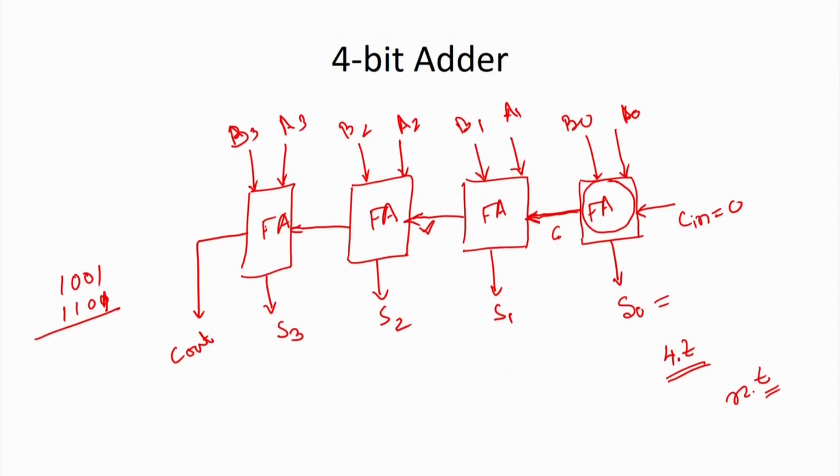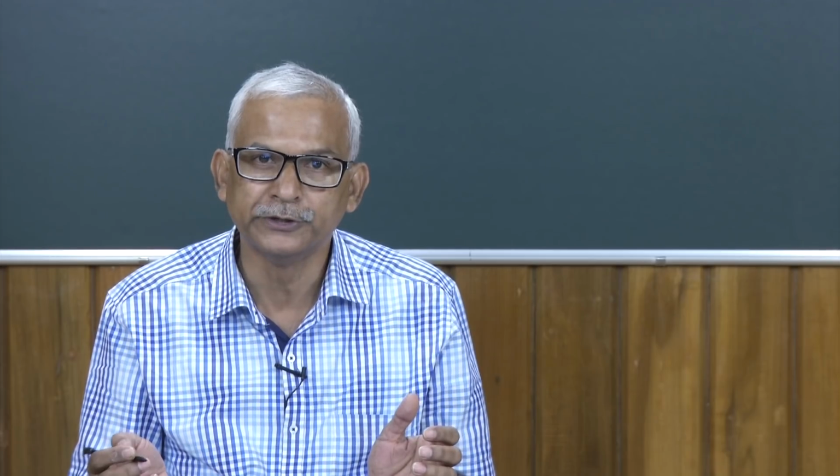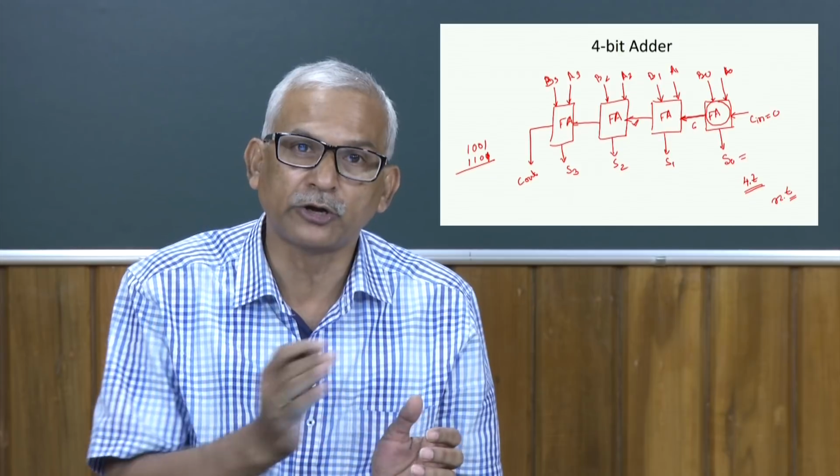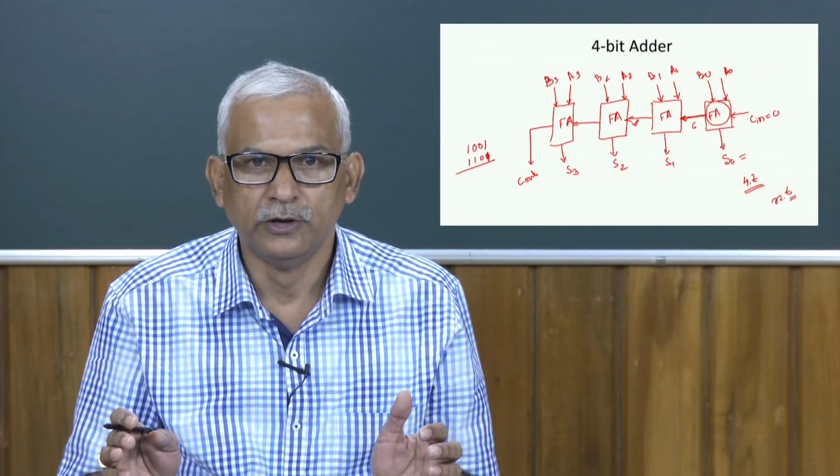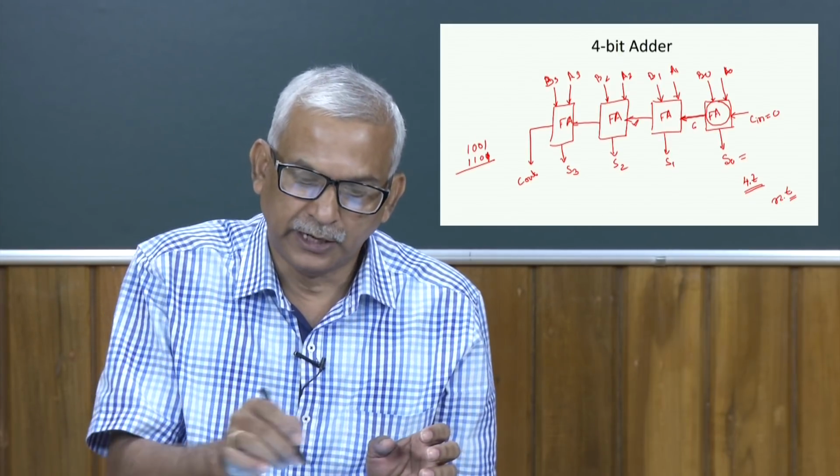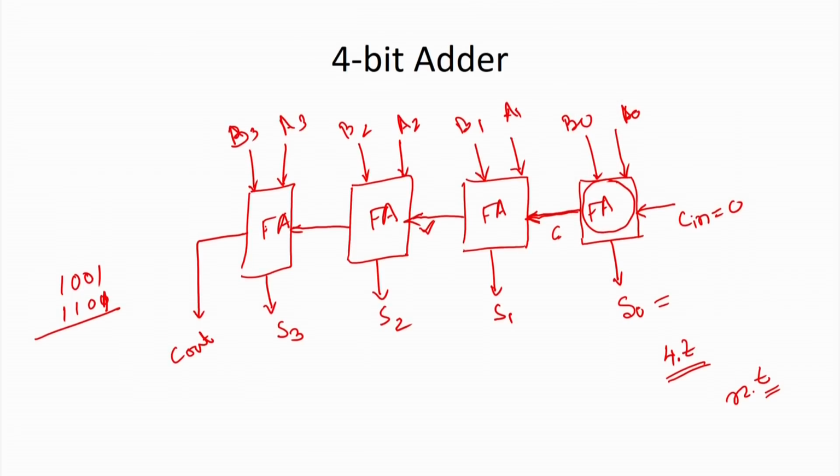Nowadays we are talking about 32-bit computers, 64-bit computers. That means it will take a lot of time to give me the output. So, for that we are not going to use this simple circuit. For that we will use another circuit, a modification of this adder circuit, which is known as the carry look ahead adder.